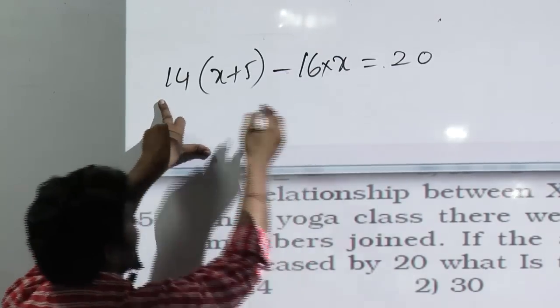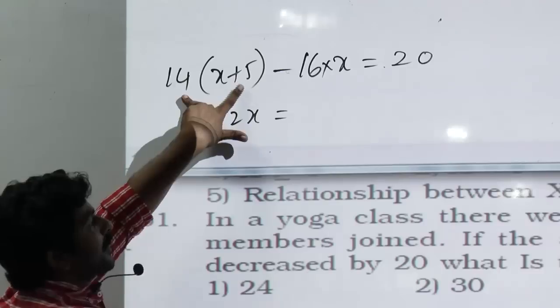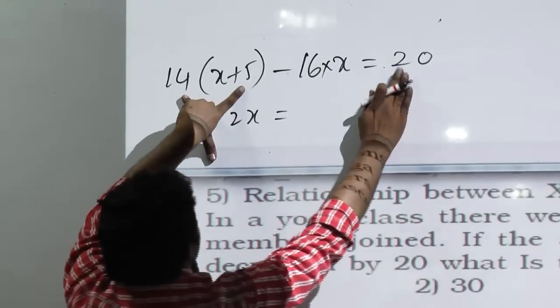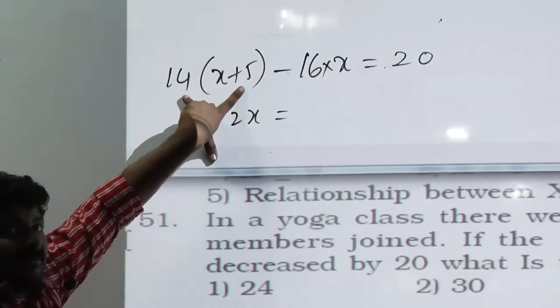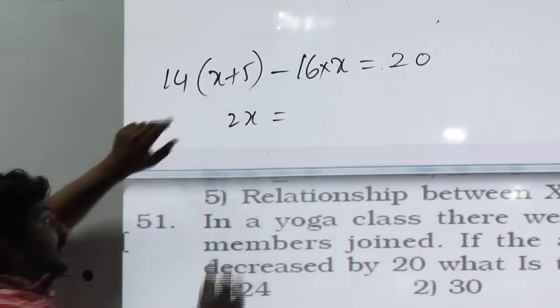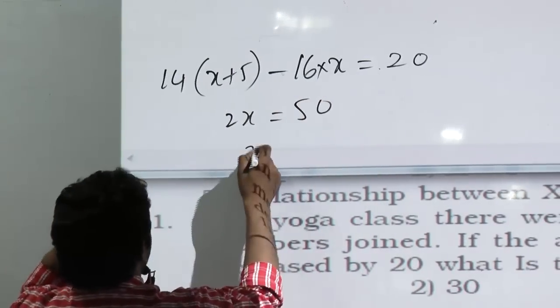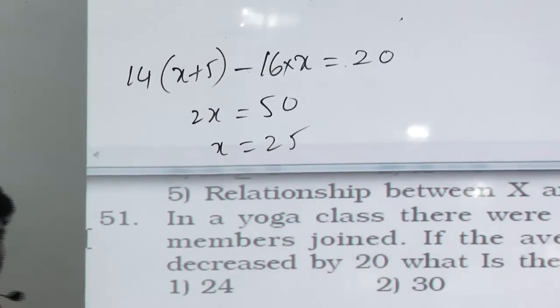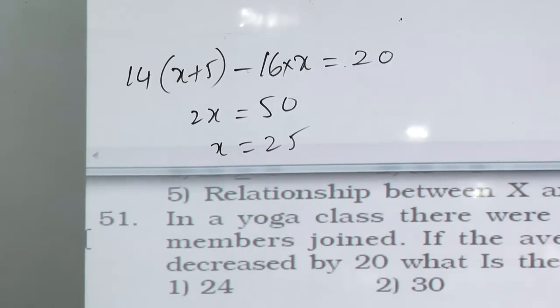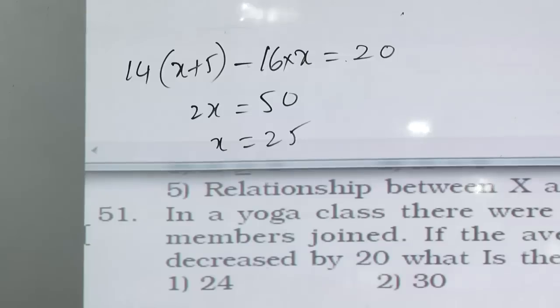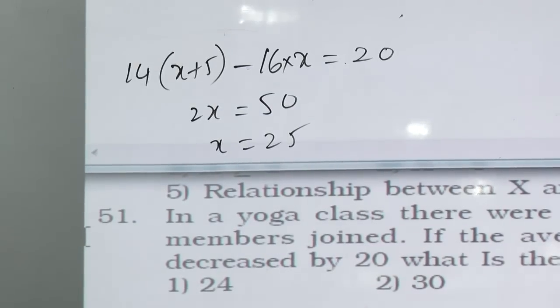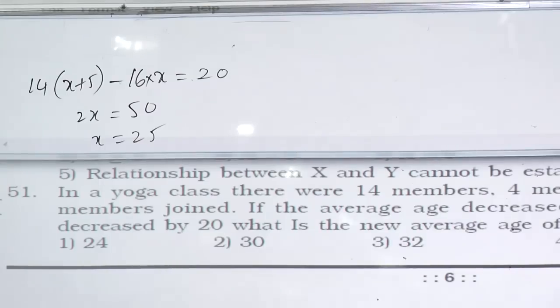Minus 2x goes to right hand side, becomes plus 2x. Take 20 to left hand side, minus 20. 70 minus 20, 50. 2x is 50, x is 25. Is it clear, everyone?